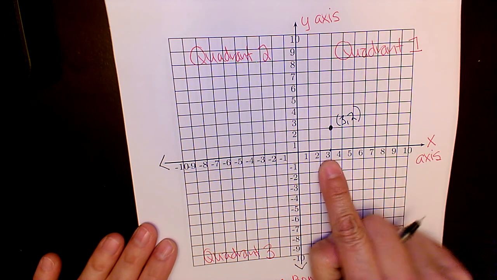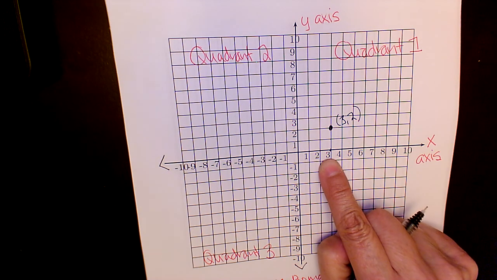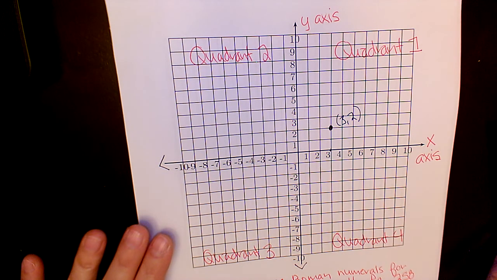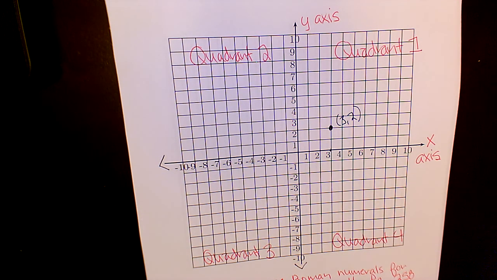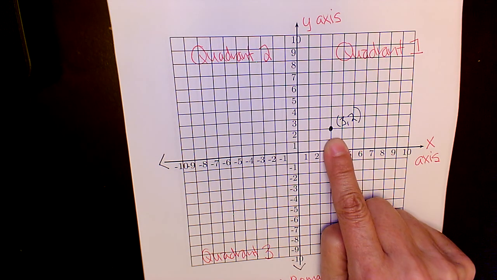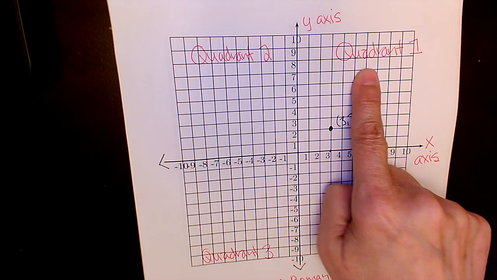So I went over 3, and I went up 2. We always have to do the x part first, going over to the right or left depending on whether it's positive or negative, and secondly, we go up or down depending on whether it's positive or negative. So this is my first point, (3, 2), in quadrant 1.